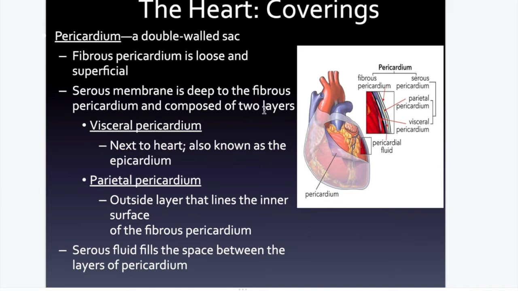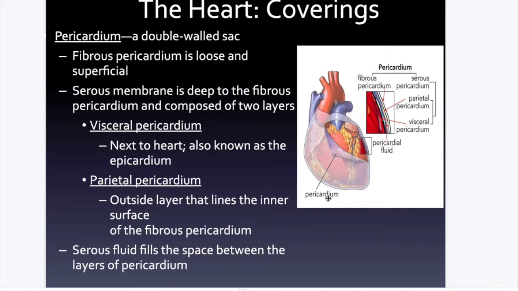Just deep to the fibrous pericardium is what we call the serous membrane, and that has two layers. We have the visceral pericardium, which is right next to the heart, and the parietal pericardium, which is going to be the outside layer that's going to line the inner surface.